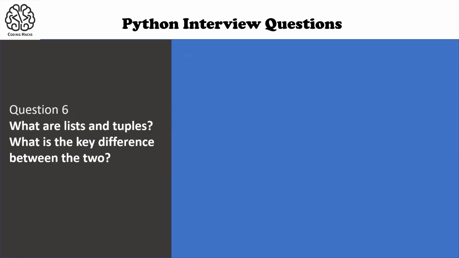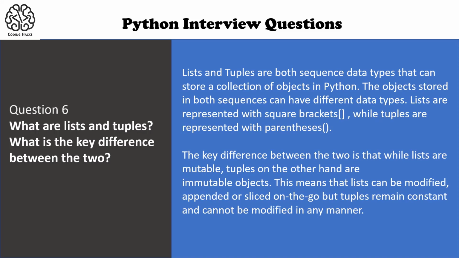What are list and tuple, and what is the key difference between the two? This is a very important question. List and tuple both are sequence data types that can store a collection of objects in Python. There are two key differences between them. First is the representational difference.